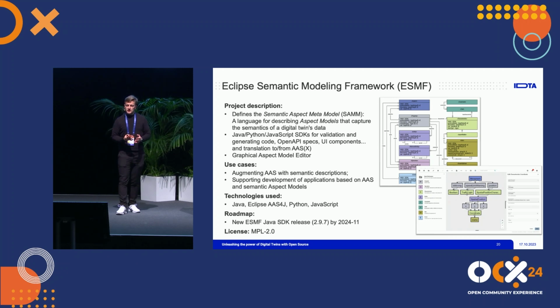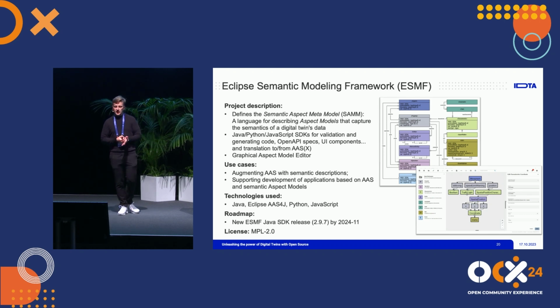Another basic project is the Eclipse Semantic Modeling Framework. This is also a project that provides means for other applications to build applications or solutions for digital twins for several use cases.